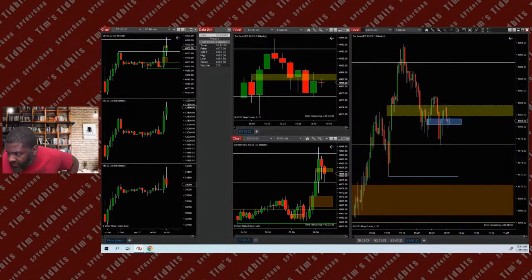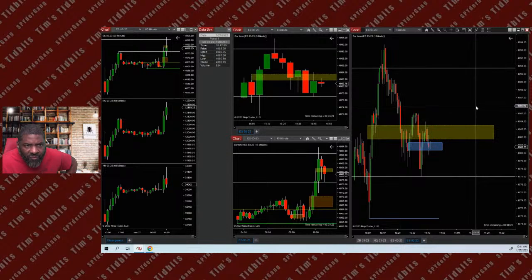What do you see at 4086? ICT said it negates any near-term weakness. 4086.50 negates any near-term weakness. 4086.50.